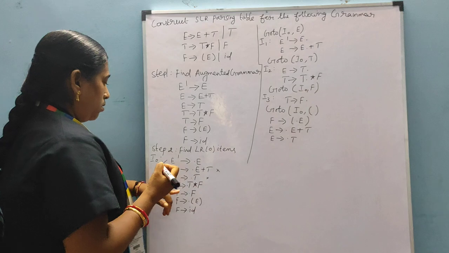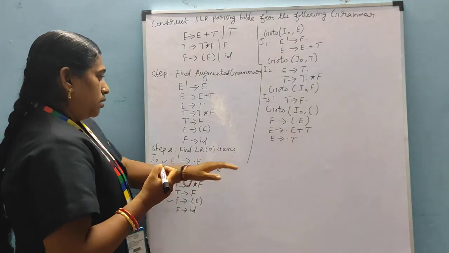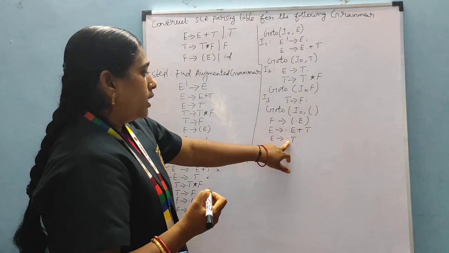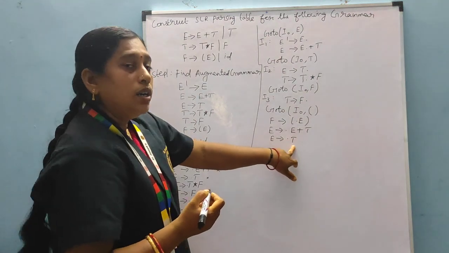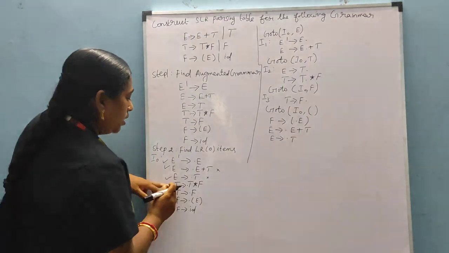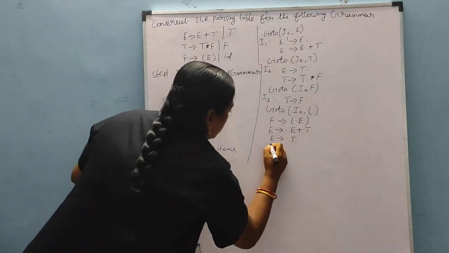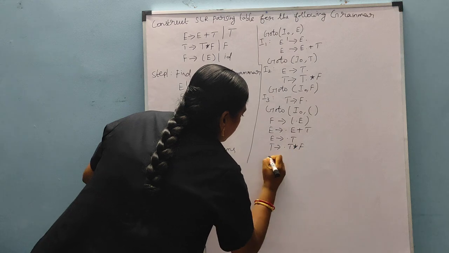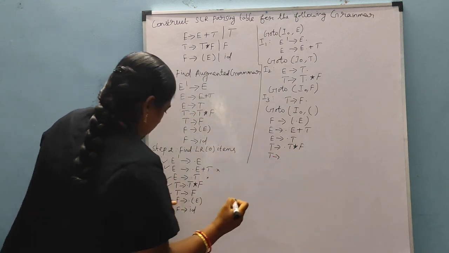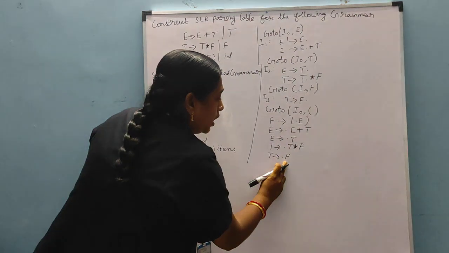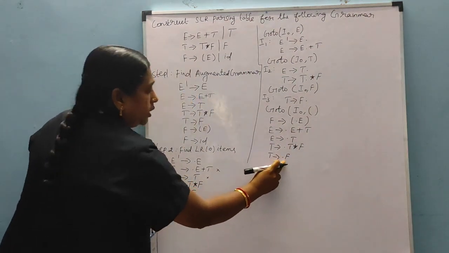Okay. So after these two state productions, now you can check after the dot, non-terminal T is present. So again have to add the T productions. So T tends to dot T star F, and one more production T tends to dot F. Now also having F as a non-terminal.